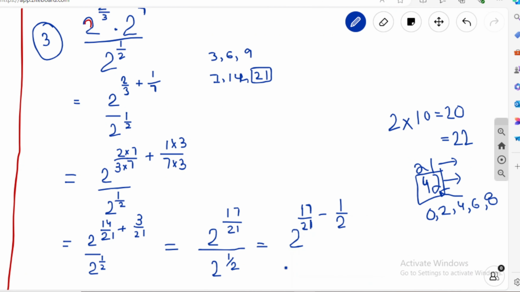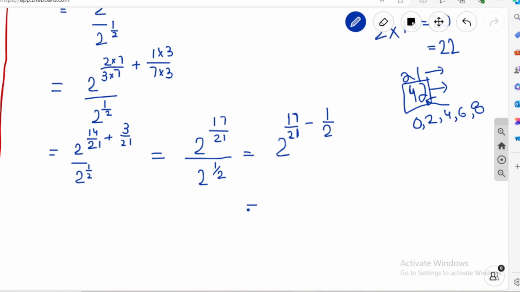Now we're going to subtract them. So we'll make the denominator 42, and to do this we're going to multiply 21 by 2, 21 times 2 to make it 42. If we're doing something in the denominator, we will do the similar thing in the numerator. Minus, here we want to make it 42, so we'll multiply 2 by 21. We can check on the calculator which number we can multiply by 2 to get 42, and that number is 21.